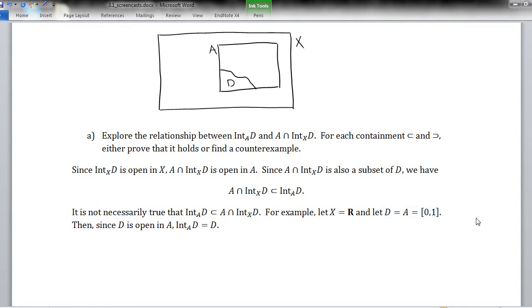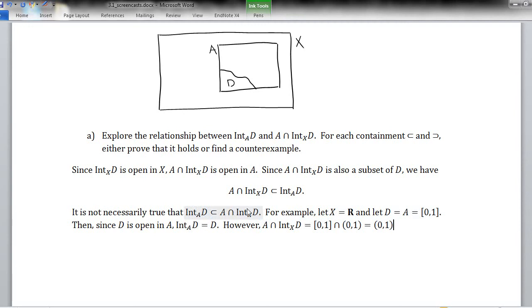Well, if we look at the intersection here, we can figure out what it is. A is just the closed interval from 0 to 1, and the interior of D, which is that same interval inside of the real numbers, well, we lose the endpoints, right? We just get the open interval from 0 to 1, and that intersection is equal to the open interval from 0 to 1.